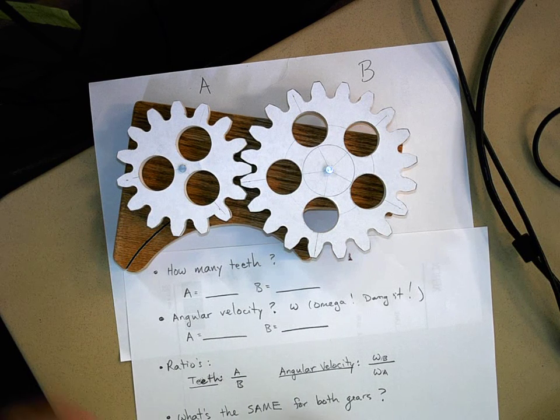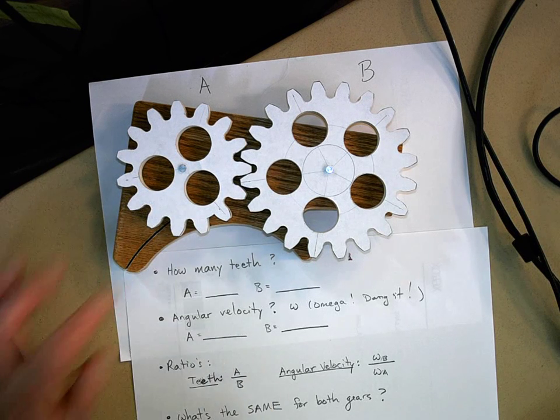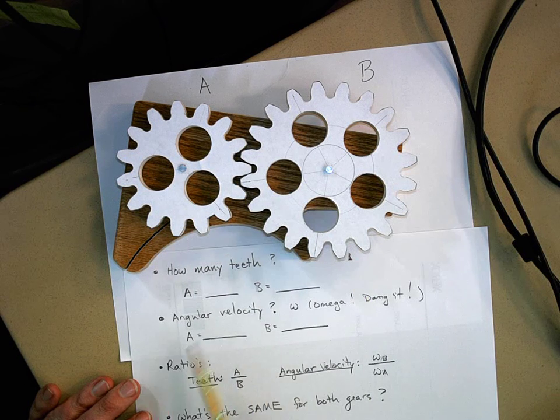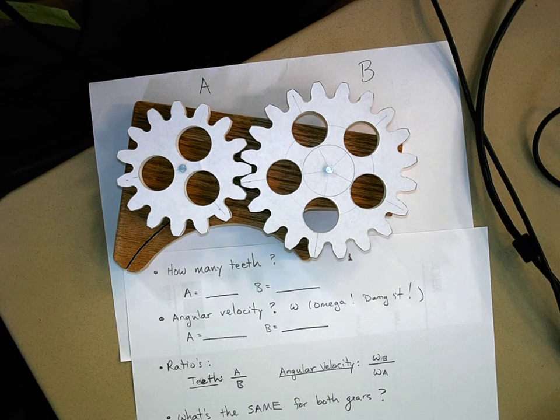And then from that, I want you to calculate what is the angular velocity of gear A and what is the angular velocity of gear B, and record it right here.